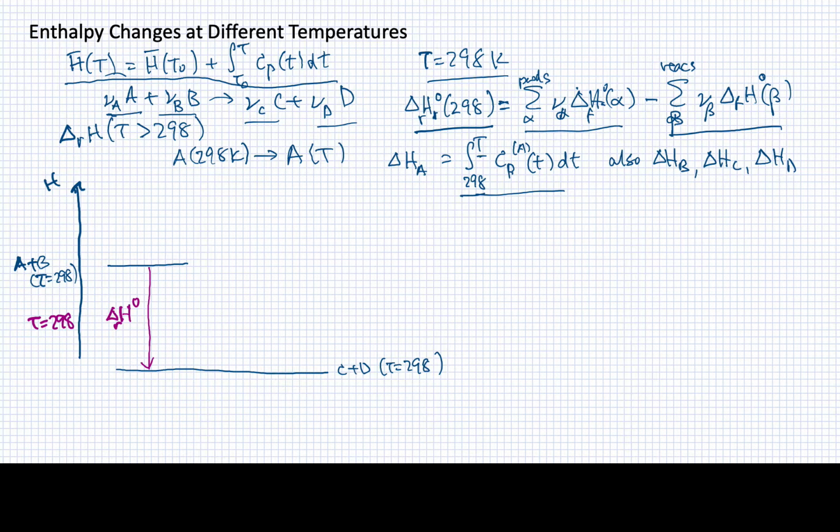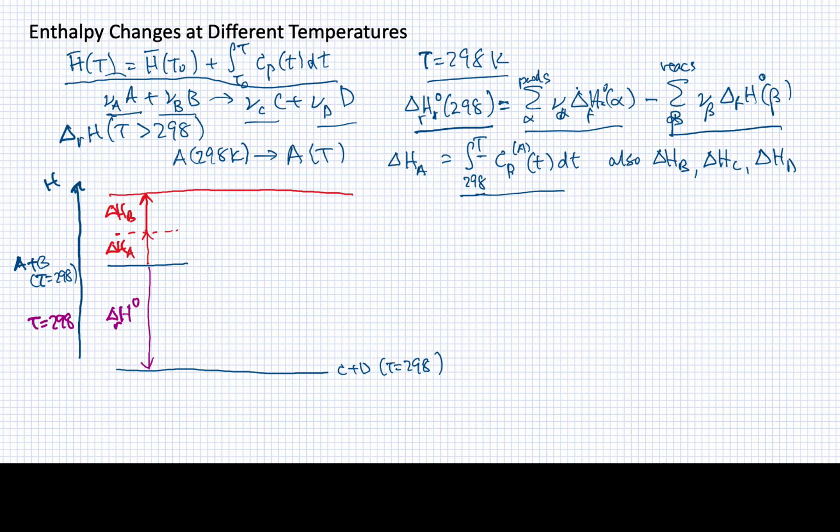So how would I have to change this in order to look at a higher temperature? Well, let's first look at simply raising the temperature of A and B. So raising the temperature of A, this is delta HA, and that'll get me part of the way up, and then I'll raise the temperature of B, so this will be delta HB, and that'll get me up to a point up here. Now I'm going to draw this all the way across because I want to reference it to what's down below here.